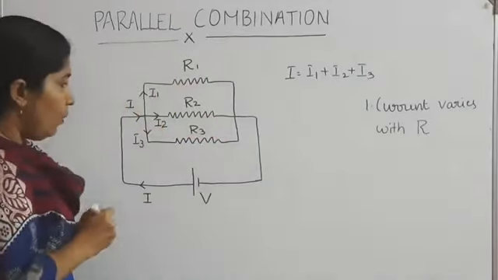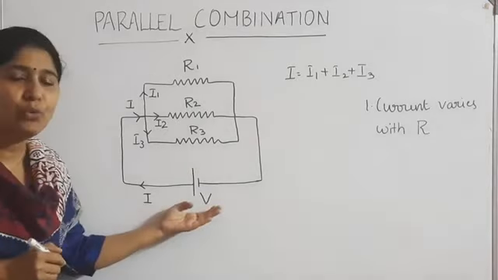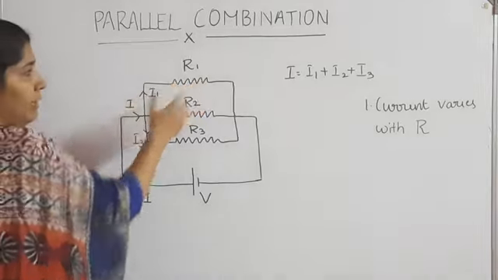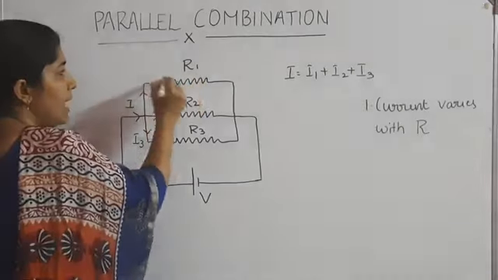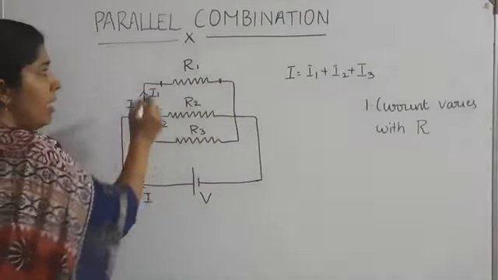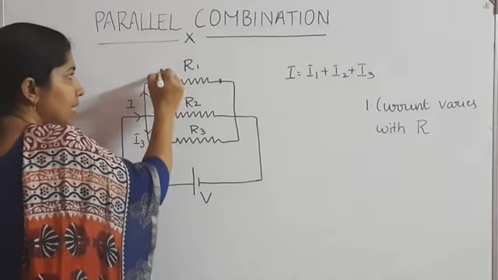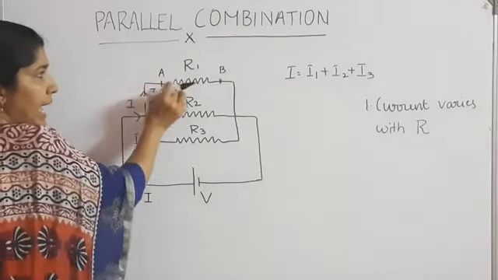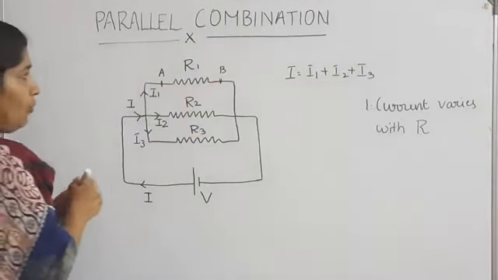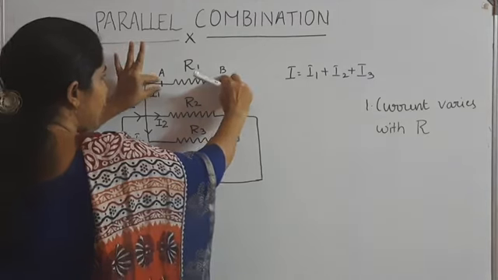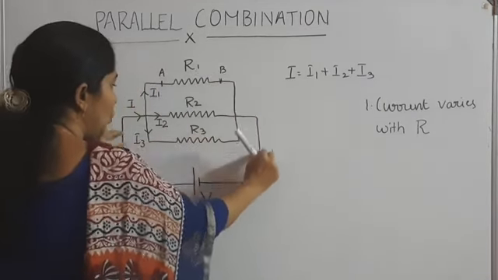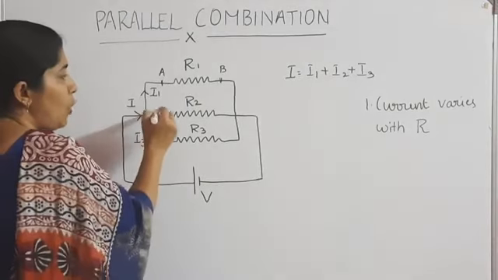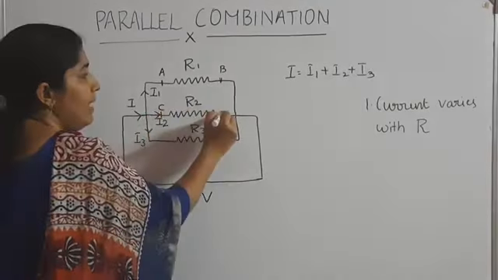Now we want to check what about the voltage. What about the terminals of R1? This point and this point; let us represent these points as A and B. These two points are connected to the voltage source V. What about points C and D?